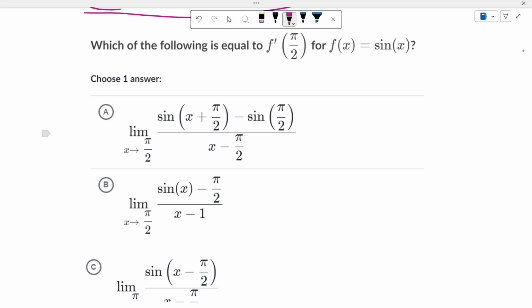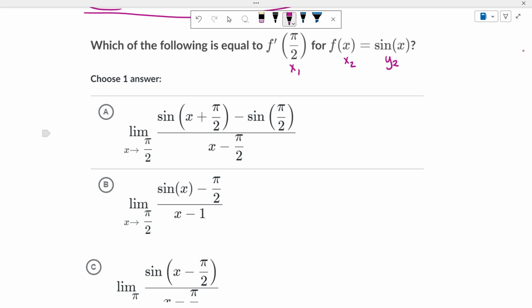So this is y2, x2, x1. Okay. So what do you think y1 will be?